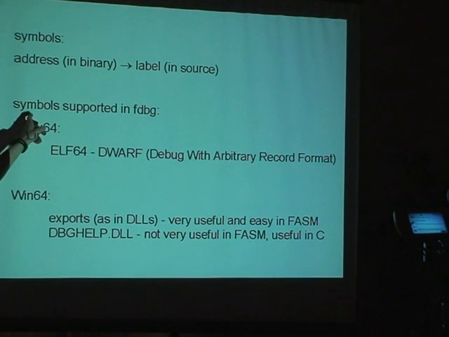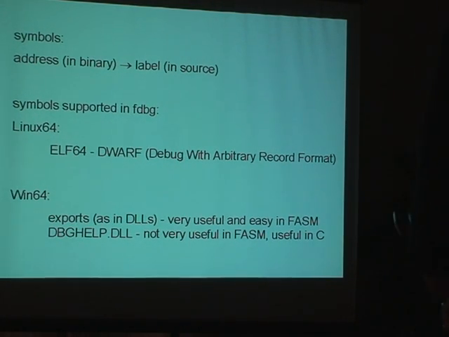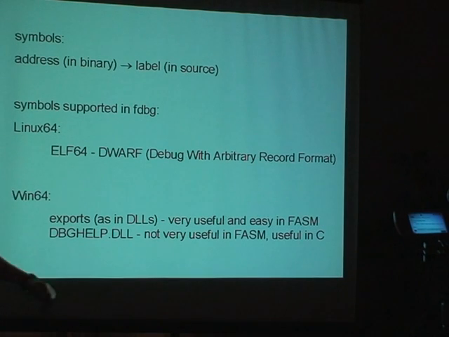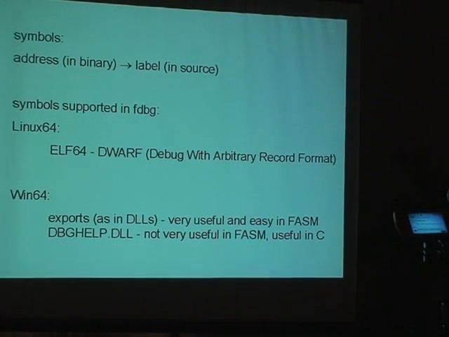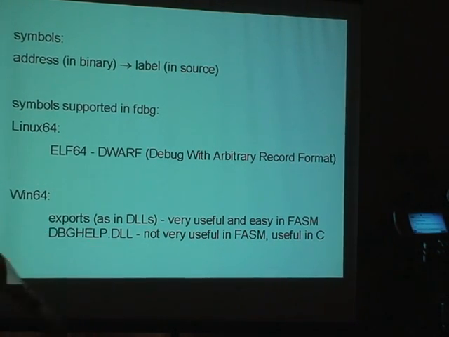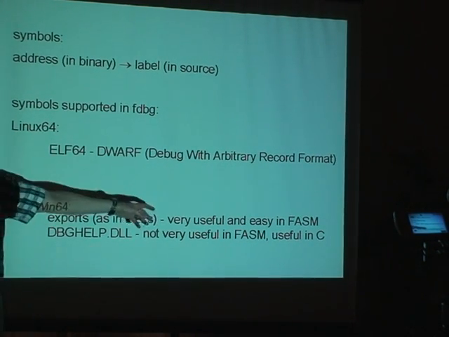This type of symbol is supported in my debugger. Under Linux, it is the debug format with arbitrary record format, which is supported. And under Windows, there are two ways to obtain symbols. One is thanks to this DLL, but this is not very suitable for us as flat assembly programmers.